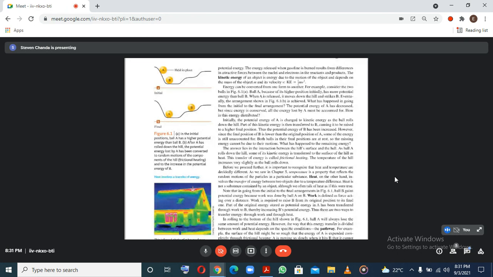But of course, it's something that time and again we have to deal with. Okay, so that's about it. So temperature is a property that reflects the random motions of the particles in a particular substance.